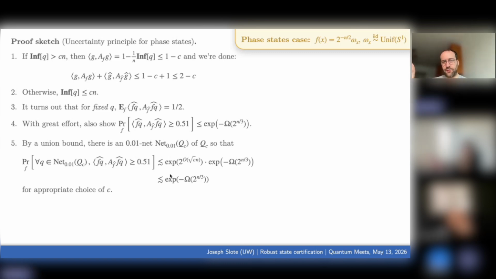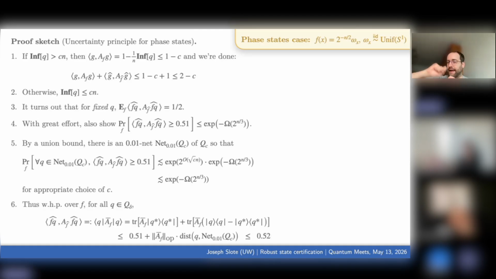And because this thing holds with high probability over F for every Q in a net, and the net is fine, we can just use continuity to pass from the net over special Qs to the set of all Qs, by smoothness or Lipschitzness of this map.